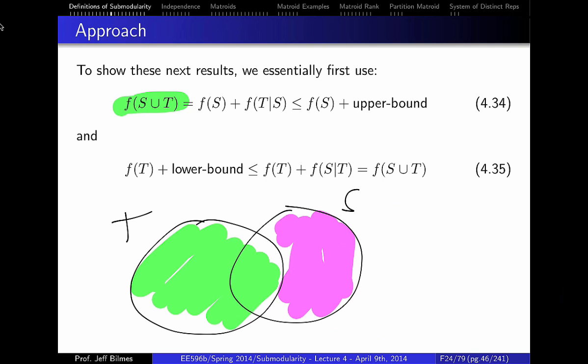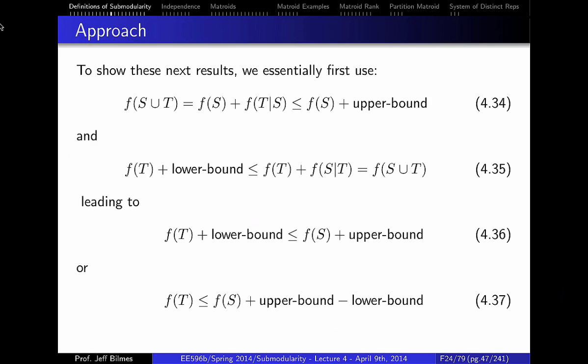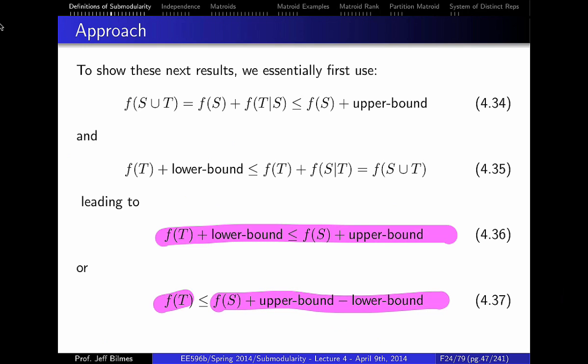So this is the value of T plus the value of S given T. And we're then going to lower bound this stuff. When we combine the upper bound and the lower bound, we get this property here. That allows us to solve for f of T is less than or equal to f of S plus the upper bound minus the lower bound. And that's how we get it.